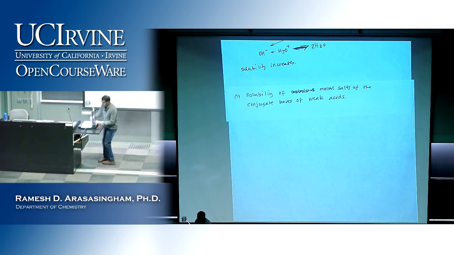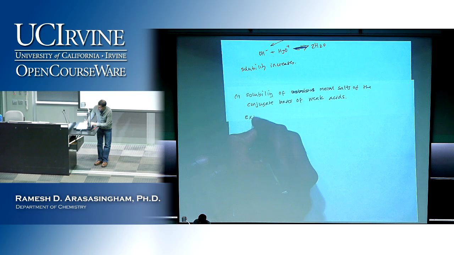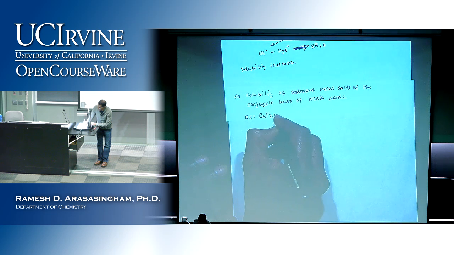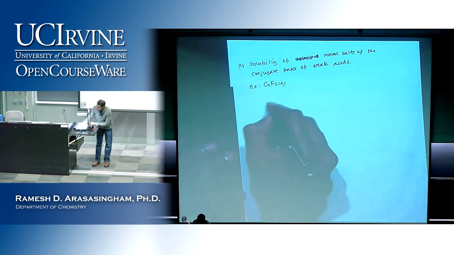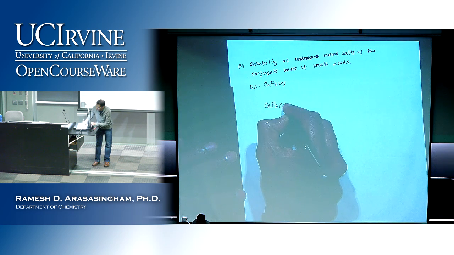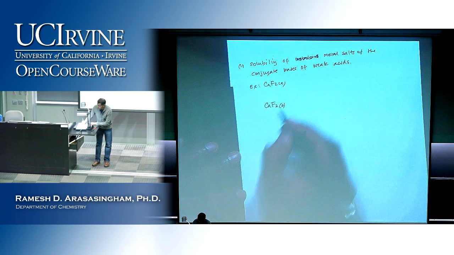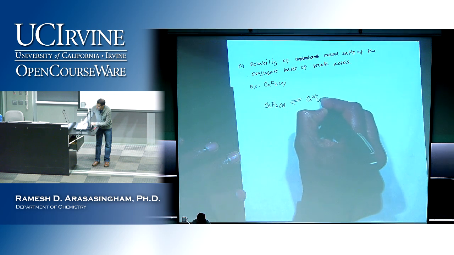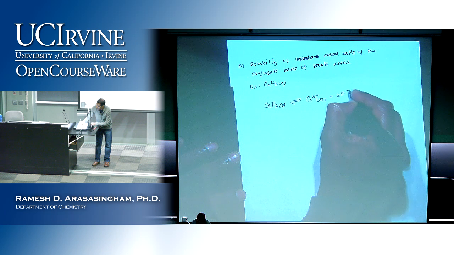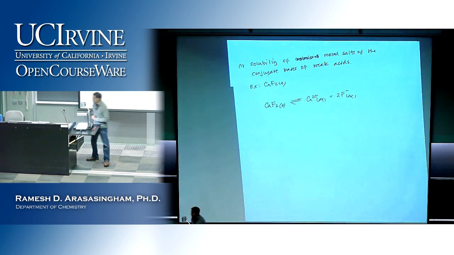So an example of this would be something like CaF2. All right, so if you take calcium fluoride, this is an insoluble substance, and the equilibrium that you would establish would be calcium giving you 2F minus.